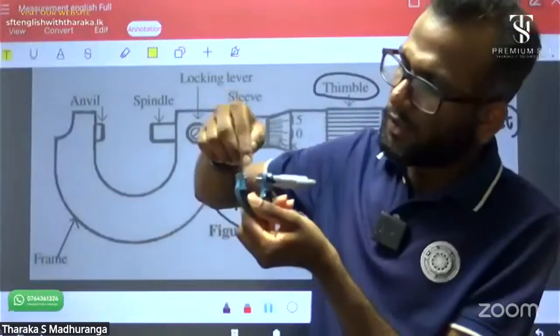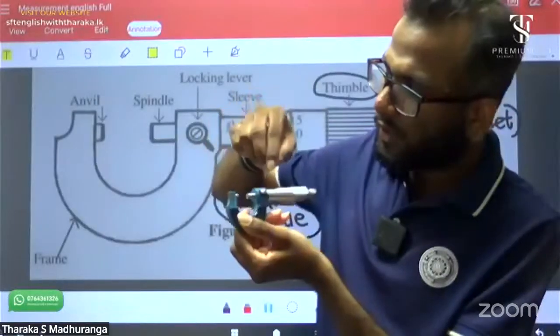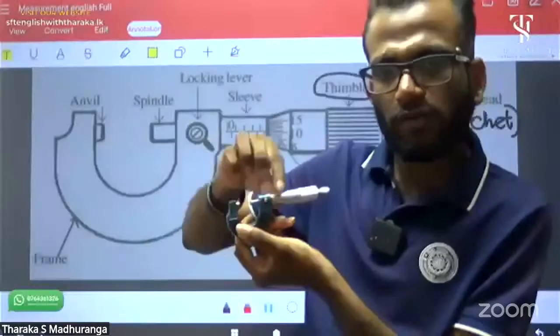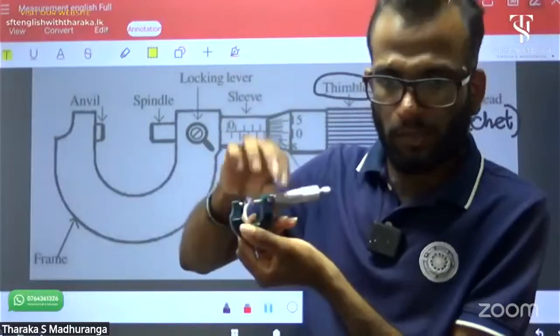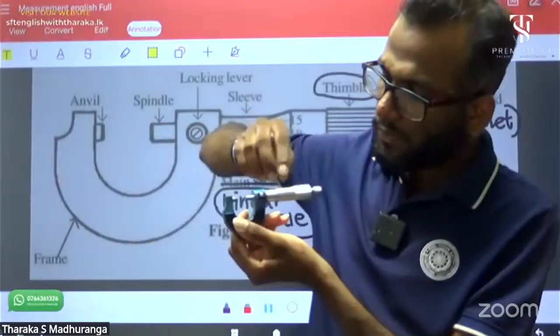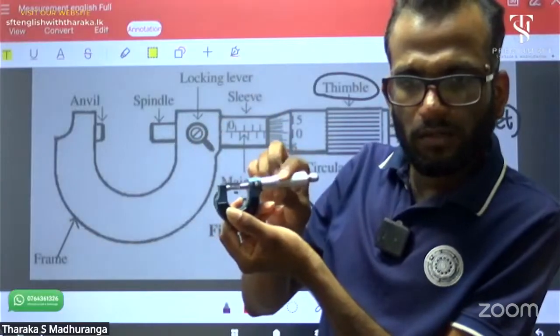Very good. This one? Spindle. Very good. This one? Linear scale, or the linear scale includes the sleeve, the iron sleeve or iron cylinder. This one? Circular scale.